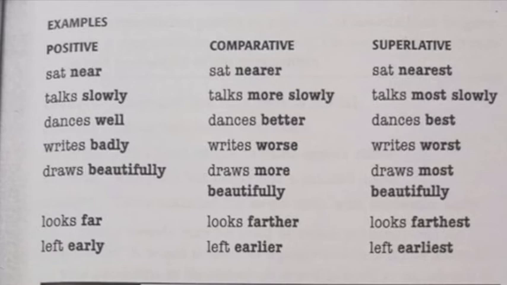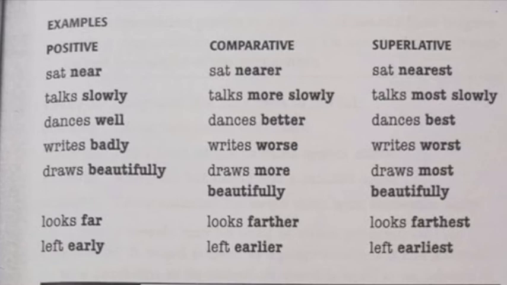Now when we use these positive adverbs for comparing people or things, we change the form. We change the form, and definitely the meaning is affected as well. So instead of just saying sat near, we say sat nearer. Talks slowly, in comparative form, is talks more slowly.